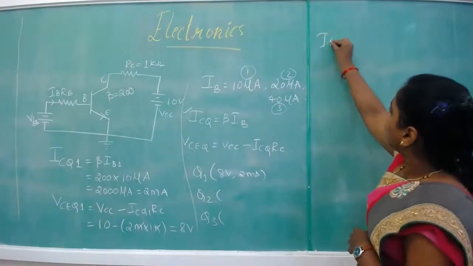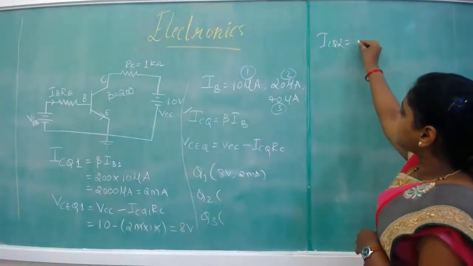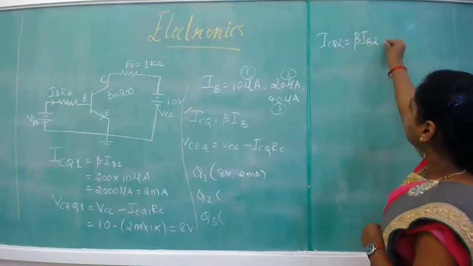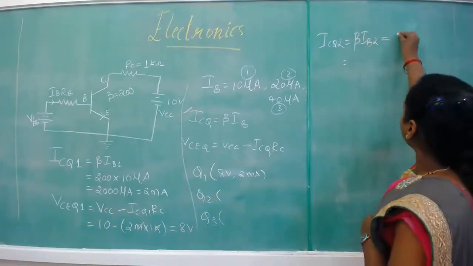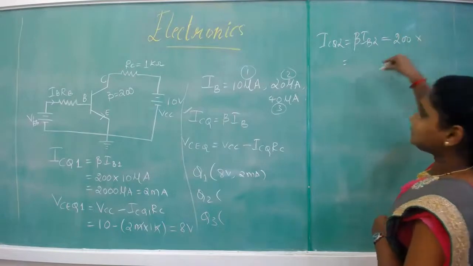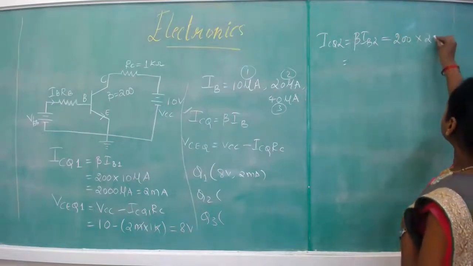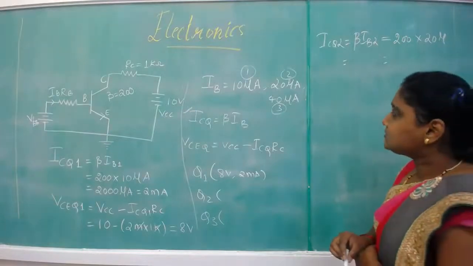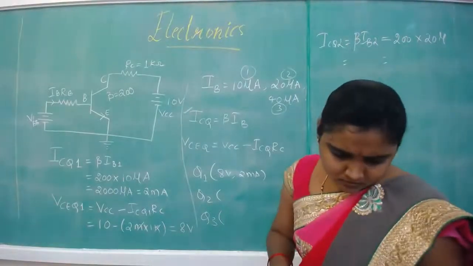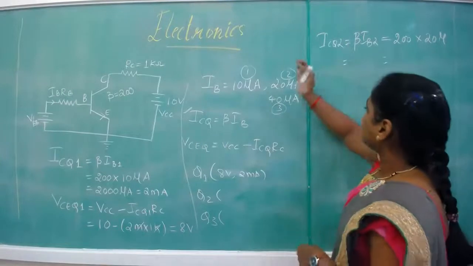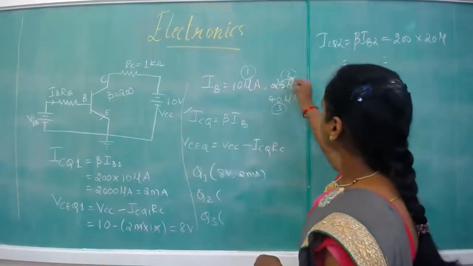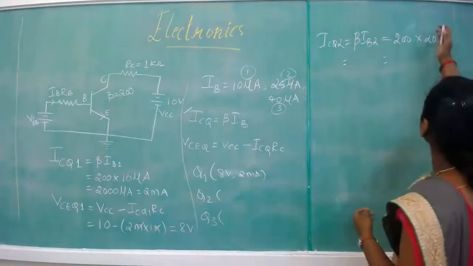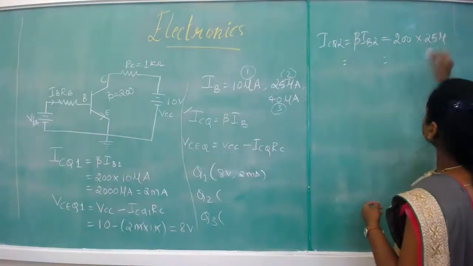Now, ICQ2 is equal to beta times IB2. That is 200 into 20 micro. Oh, sorry, it is 25. Doesn't matter. We can also do it with 20. But what is given here is 25.